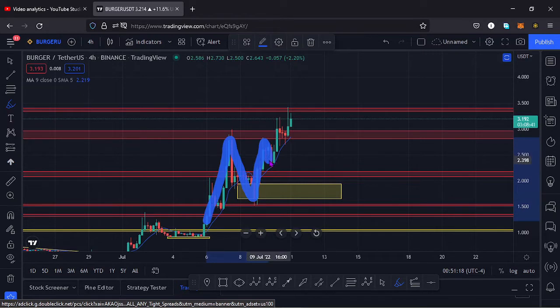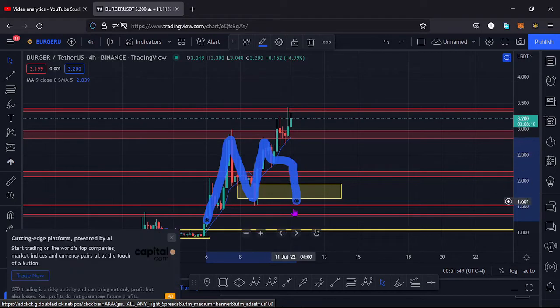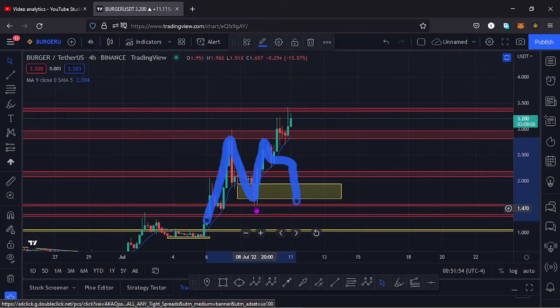to the upper side, touched the same area of resistance, and then we had a little bit of a pullback to the lower side. And I expected, if we continue seeing lower prices or maybe a bit of a consolidation here, then see us lose that key area of support to the lower side, and we go back to this key area of support at around the $1.57 mark. Here we'll be forming a double top. That will be the completion of this pattern up here, which is a double top, and that pattern normally breaks to the lower side.